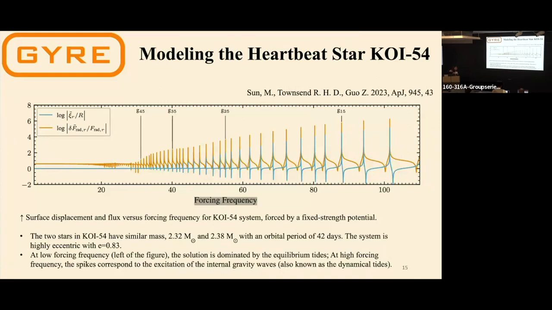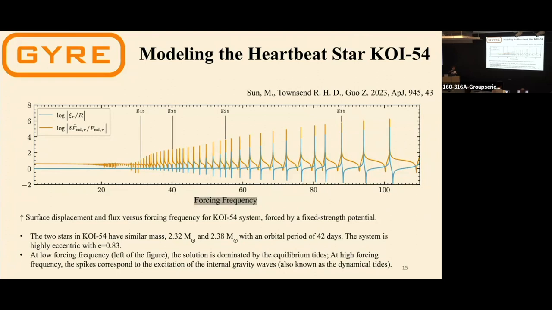If we implement a nonlinear tidal analysis, the basic functions and the code need to be rewritten from the basis. So now we are searching for a simplified way of doing it, maybe a traveling wave approximation, or something else. For this KOI-54 system, the model matches the data pretty well.